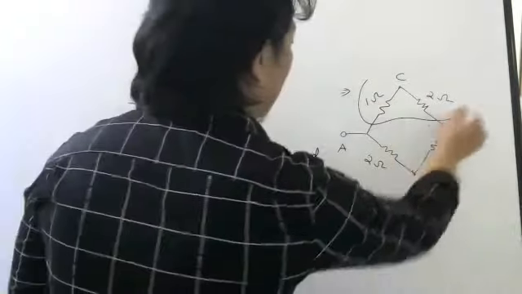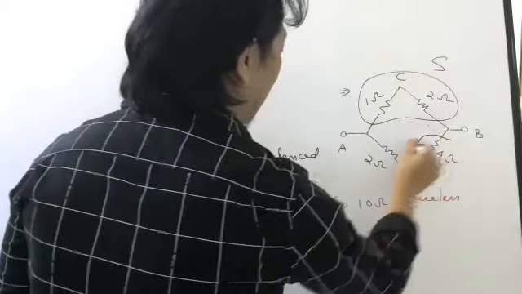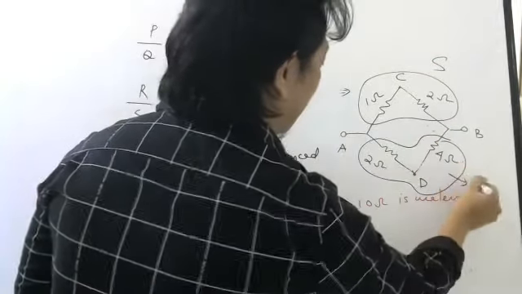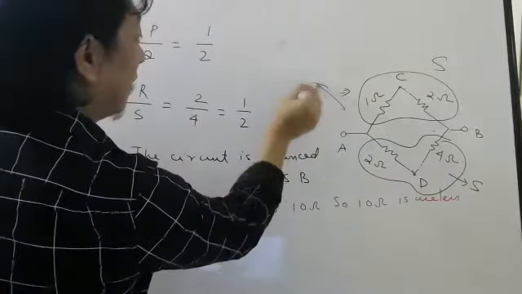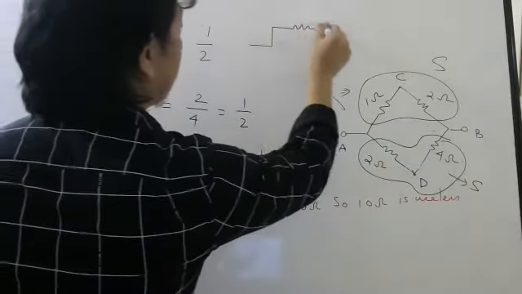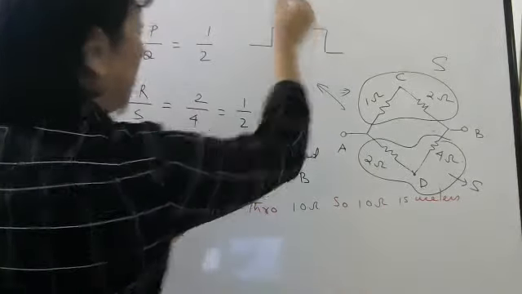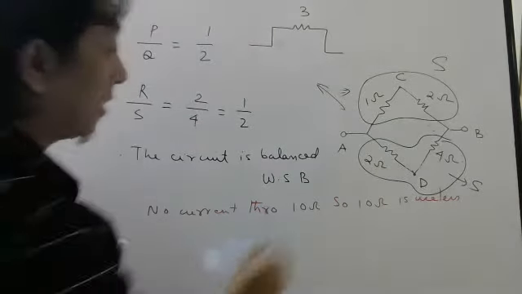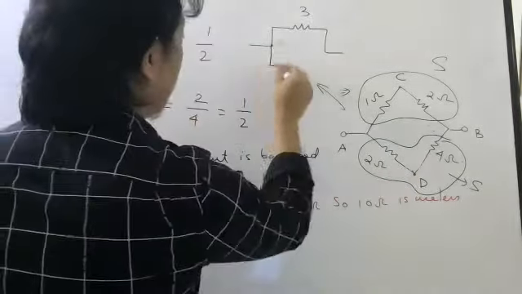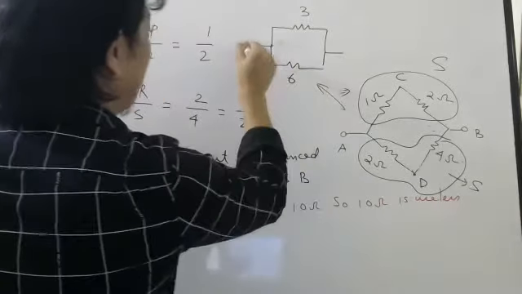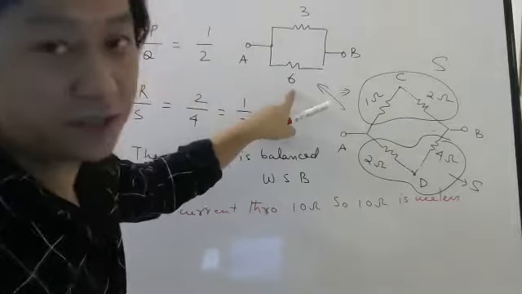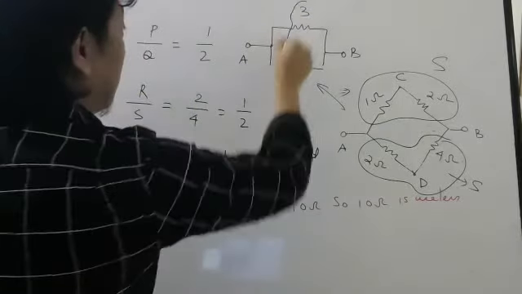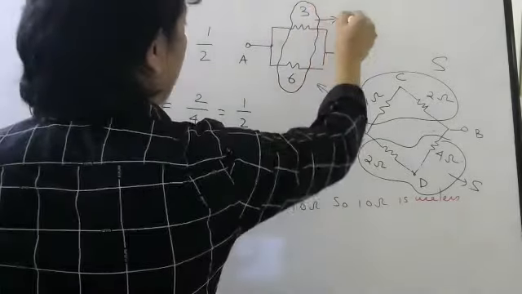These two are in series. These two are in series. Correct now? No junction in the middle. So this circuit will now become: 1 and 2 in series will become 3. 2 and 4 in series will become 6 between A and B. So this circuit simplifies to this circuit, and you can see these two are in parallel.